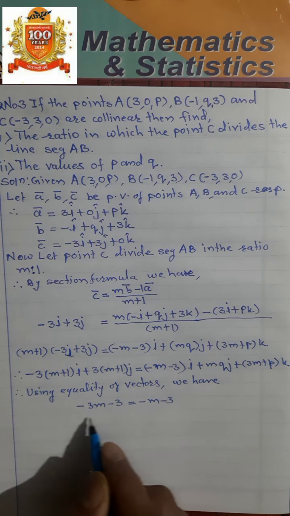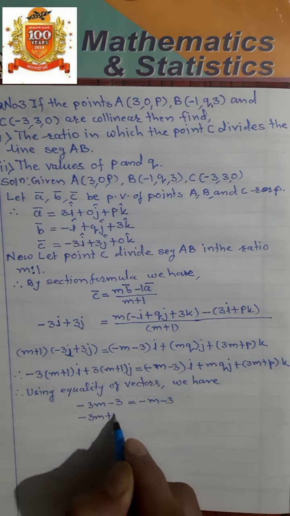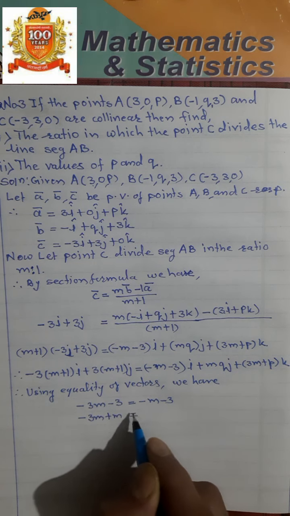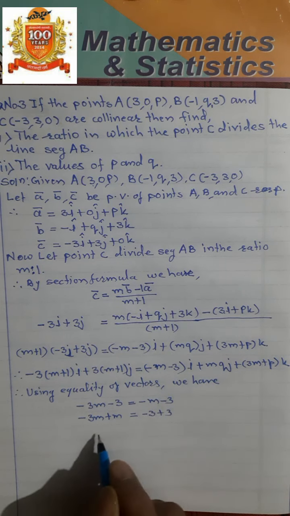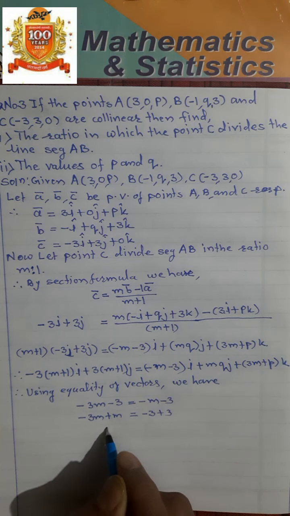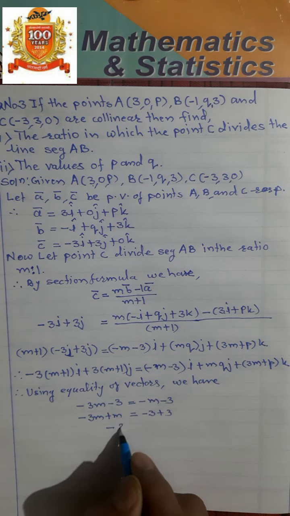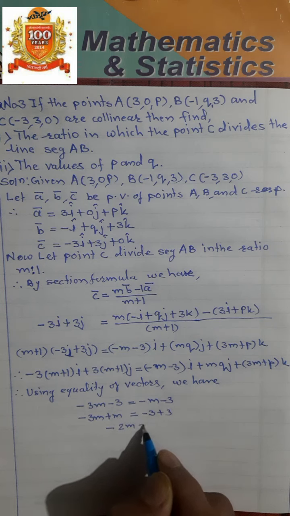From this we get minus 3m plus m is equal to 3 plus 3, minus 2m is equal to 6.